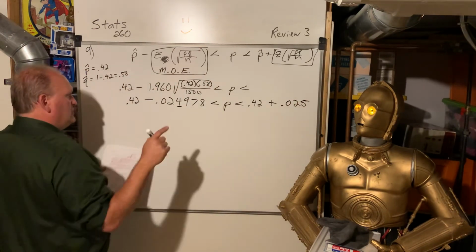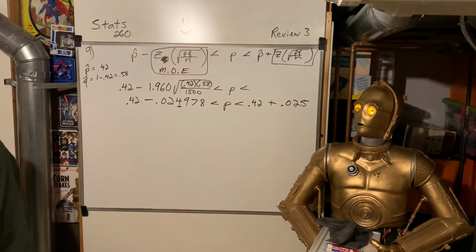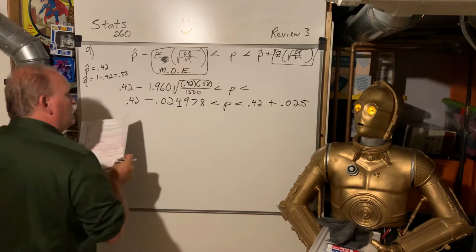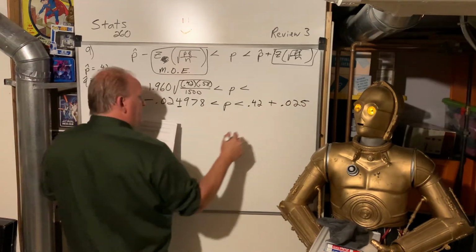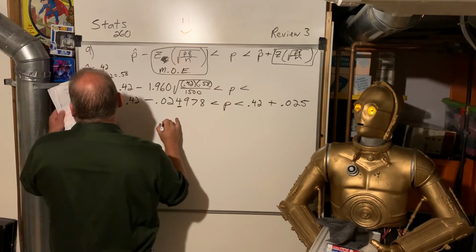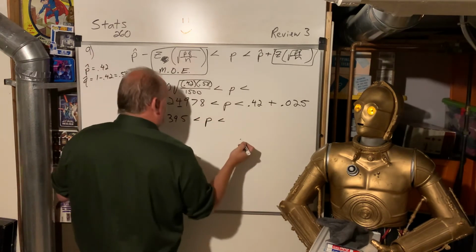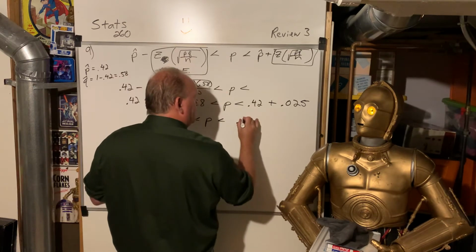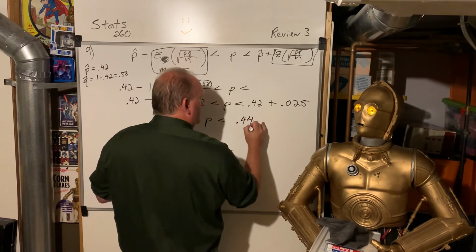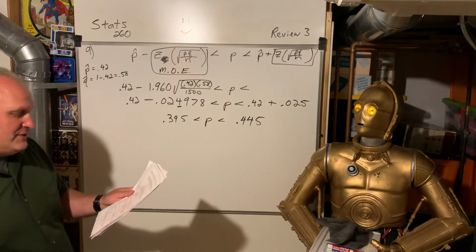So 0.42 minus 0.025 and 0.42 plus 0.025. So this side of the confidence interval, 0.395 is less than P, which is less than 0.445. And that is our 95% confidence interval.